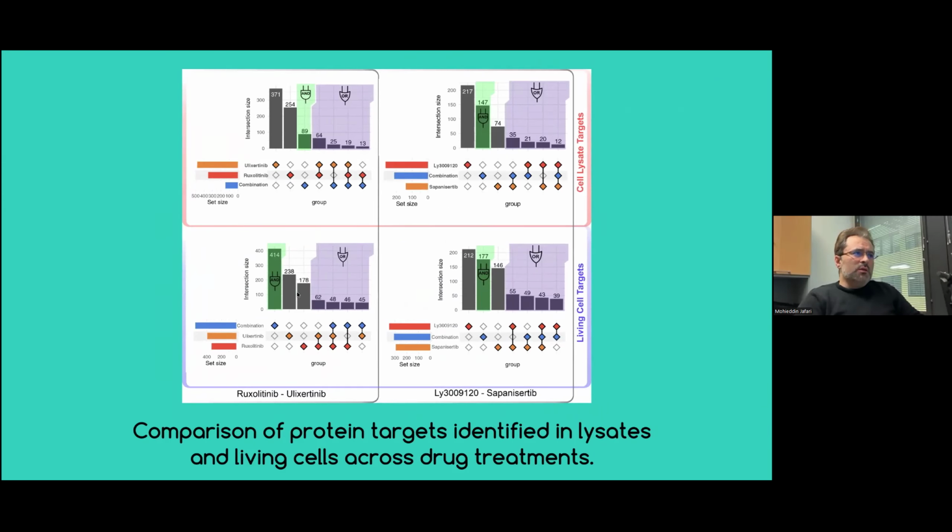In this upset plot, for example, we have 89 potential targets only in the case of combination. It would be very interesting to see what the function of those proteins is and how they are important in the case of AML, and also for other combinations, in living cells and in cell lysates.